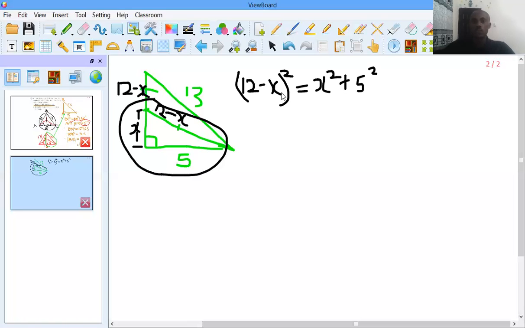Okay, so now expand. By expansion, I have 12 minus x times 12 minus x, equal to x squared plus 5 squared.